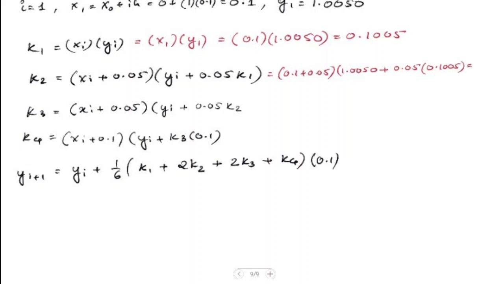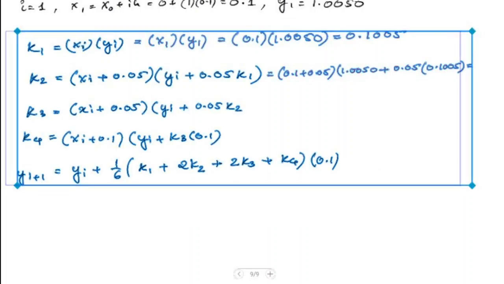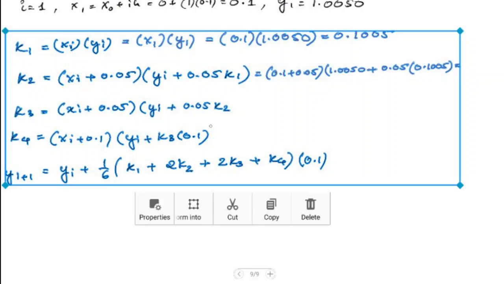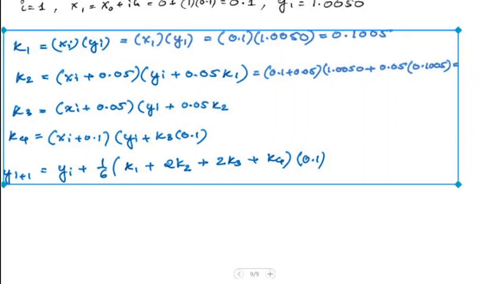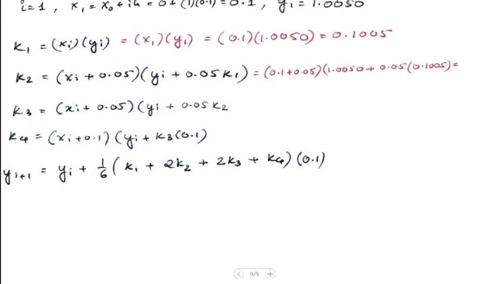Before I write the value, I'll just shift this a bit more towards the left. So here we'll get the value as 0.1515.